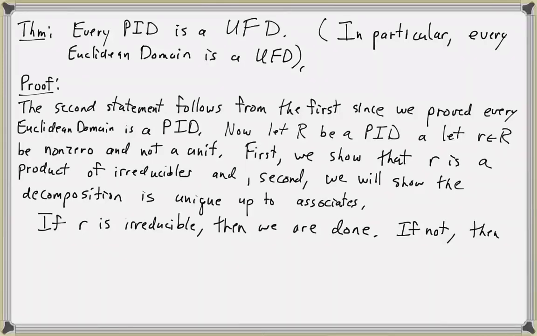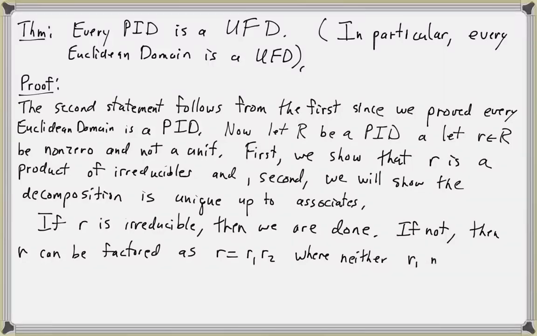By definition of reducible, we could factor r and let's write it as r1 times r2, where neither r1 nor r2 is a unit.